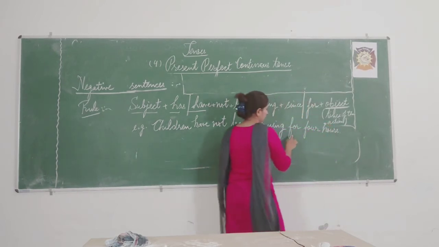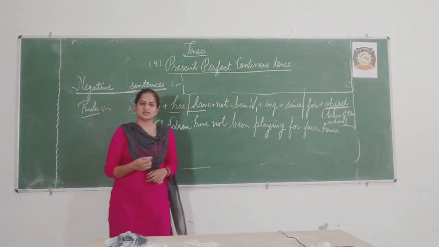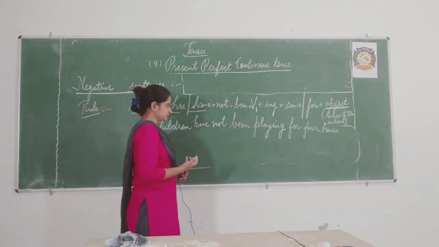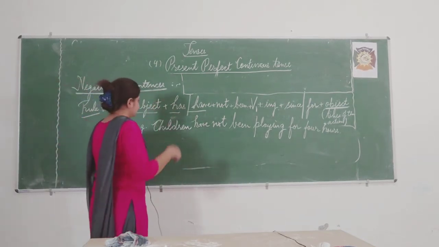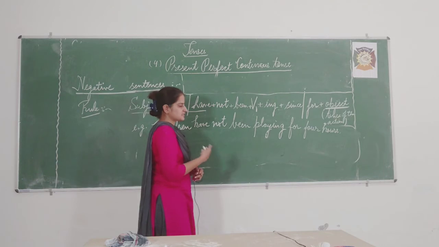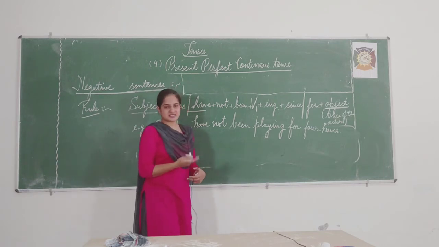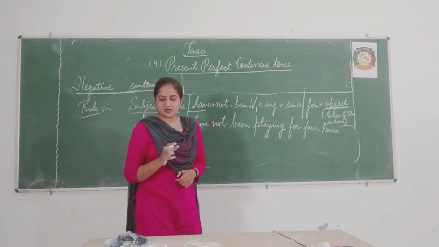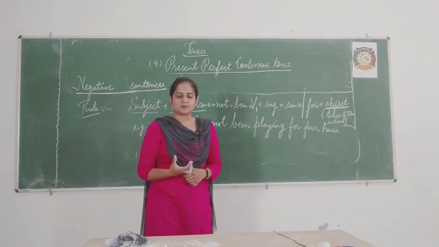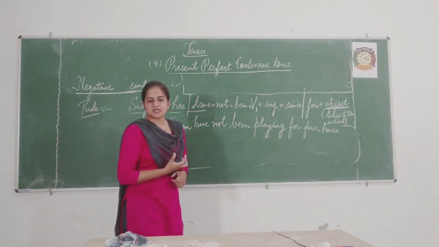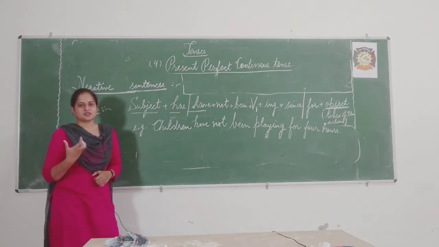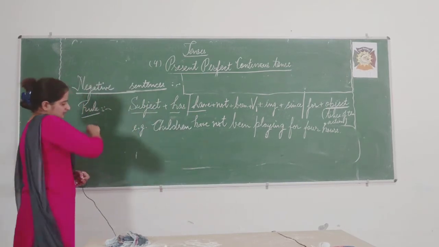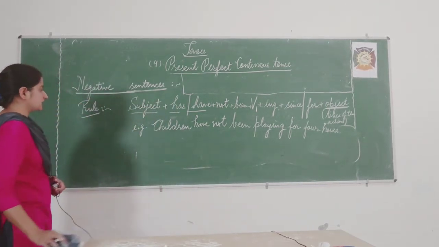Why have I used for here? Because I am telling about the time period, duration of time, that is 4 hours. I may also write it like this: children have not been playing since morning or since 5 p.m., 6 p.m. While we are making use of since, we are telling about the particular point of time. But when we are making use of for, we are telling about the exact time period, time duration. So this was the sentence structure of negative sentences.